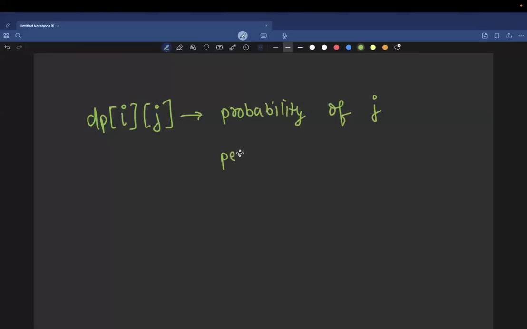So the thing is, let's say dp of I, J is the probability of J people being dead in the first I steps, right?